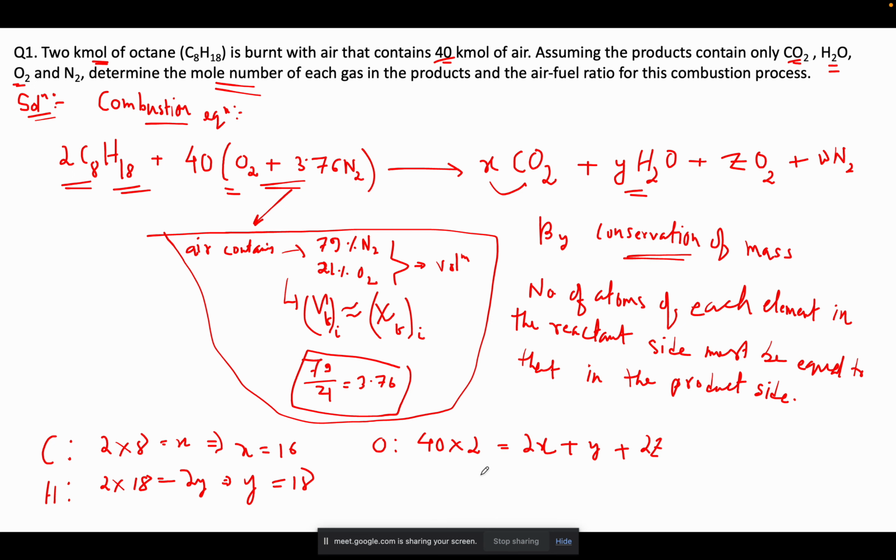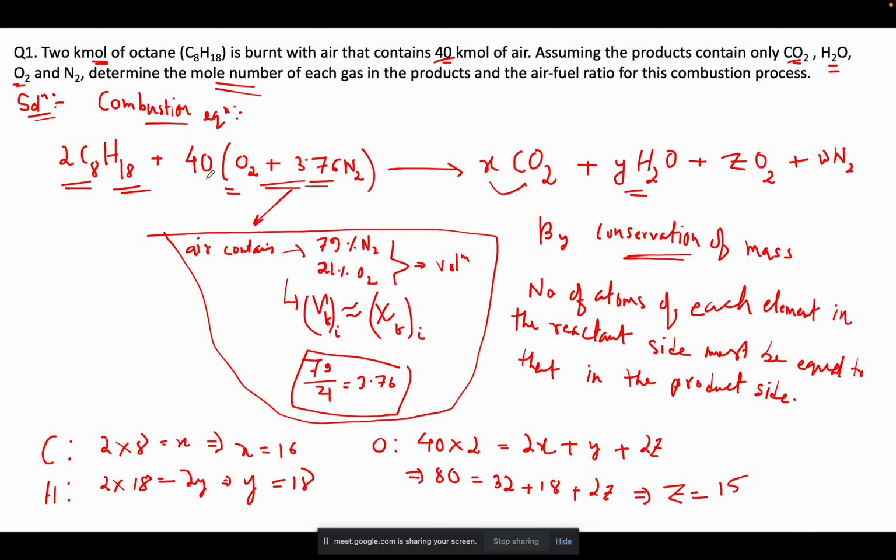Now we already know x and y, so this will be 80 equals 2 into x, which is nothing but 32, and y is 18, plus 2z. So from here z will be equal to 15. Okay. So we have got x, y, z, and now the next is w.